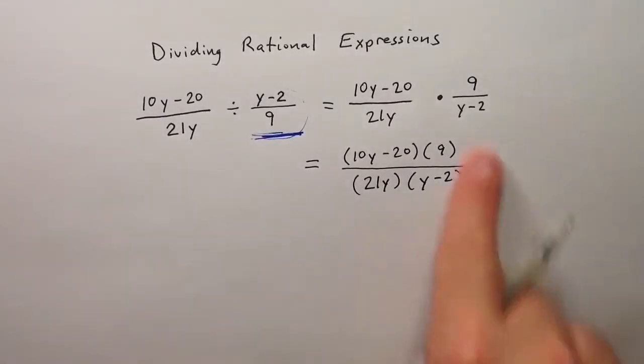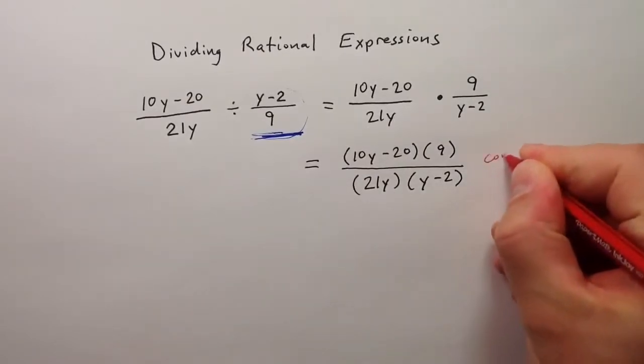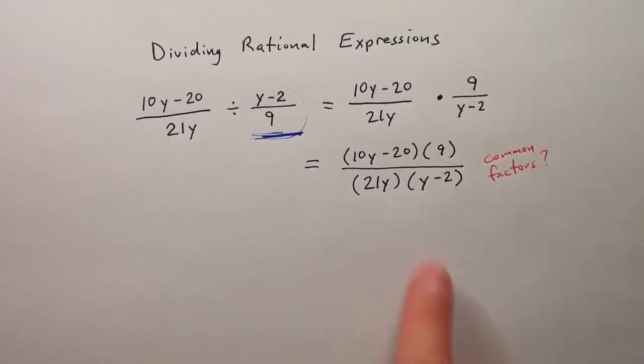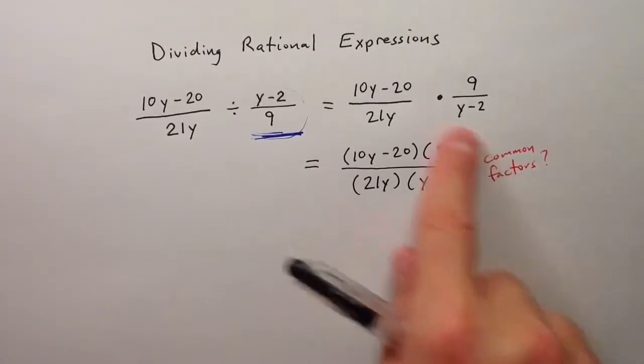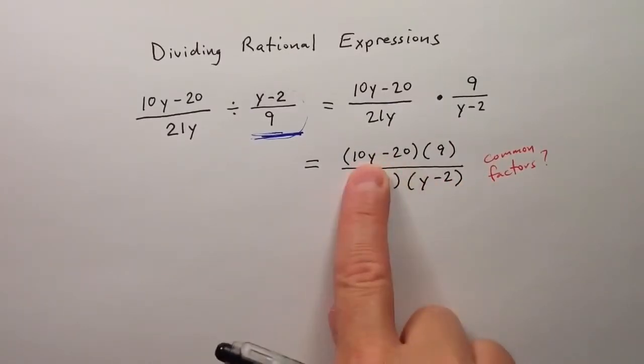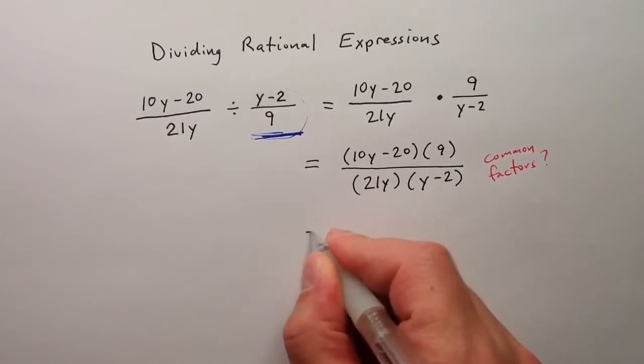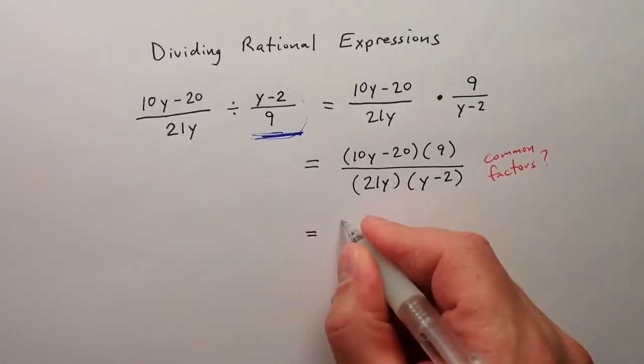Now we could multiply this out, but before we do, it's a great idea to check for common factors. So are there any common factors? In order to see that, I want to completely factor the expressions. And this is mostly what we have, except the 10y minus 20, it will help us if we factor out that common factor of 10.